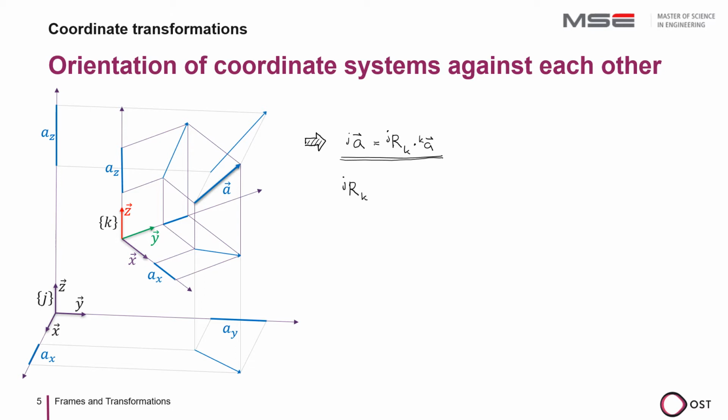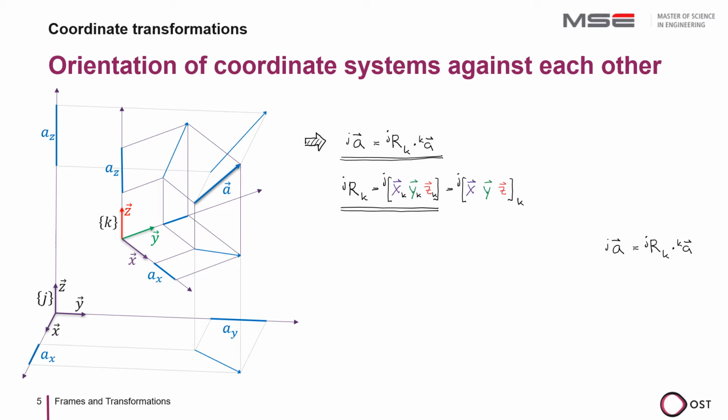The matrix R with the two indices thus describes the orientation of the coordinate system K with respect to the coordinate system J. The matrix found is extremely descriptive because it consists of the basis vectors of the coordinate system K expressed in the coordinate system J. The index K to the right of the basis vectors indicates to which coordinate systems the basic vectors X, Y, and Z belong.